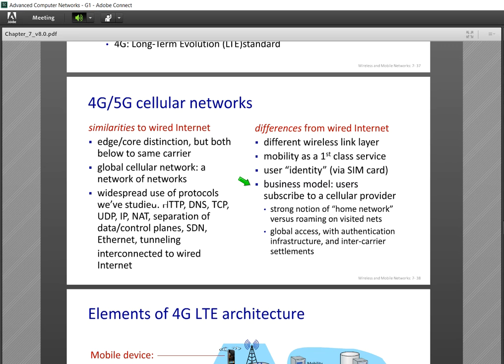The fourth difference between them is that here the business model is completely different from the business model in a wired network. Why?